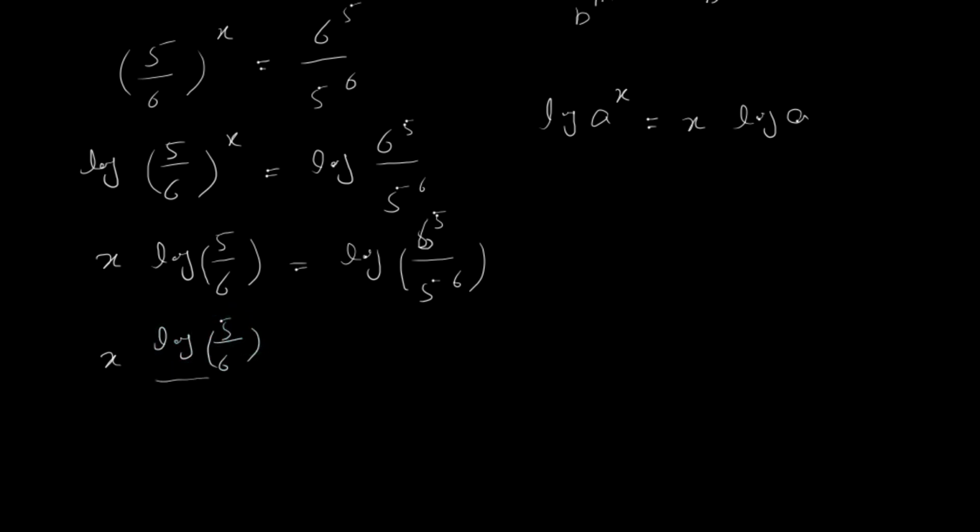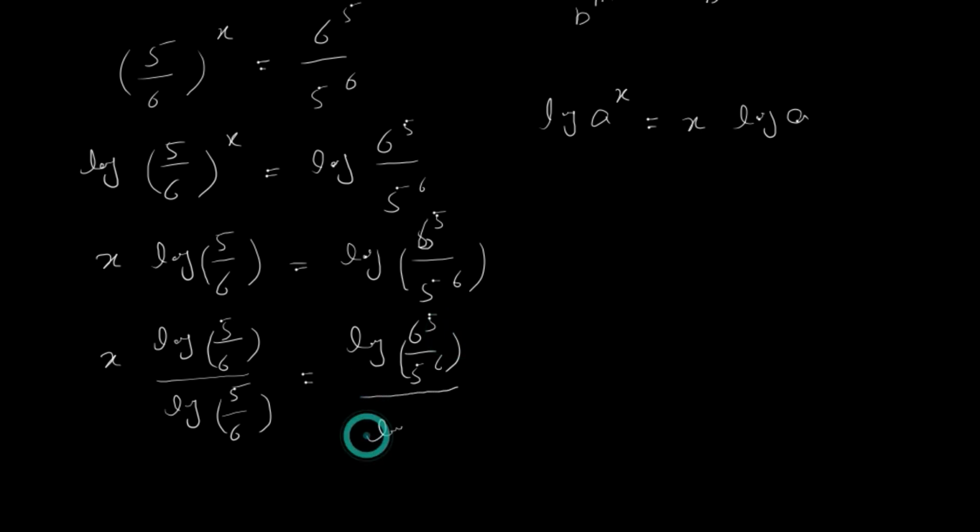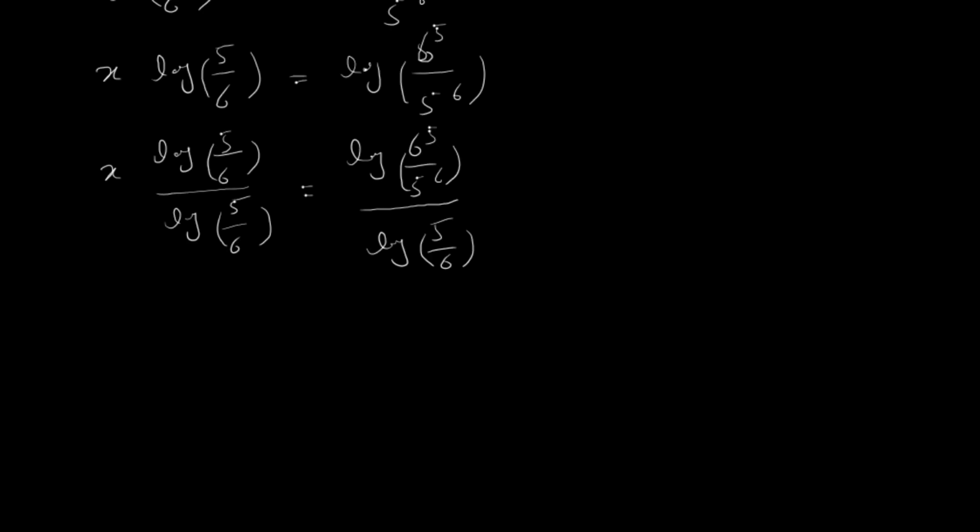Log of 5 divided by 6 divided by log of 5 divided by 6 on the left, and log of 6^5 divided by 5^6 divided by log of 5 divided by 6 on the right. These cancel, and the value of x is equal to log of 6^5 divided by 5^6, divided by log of 5 divided by 6.